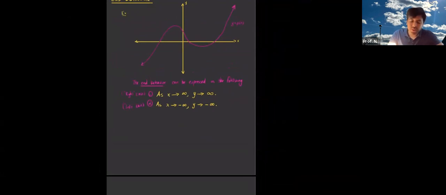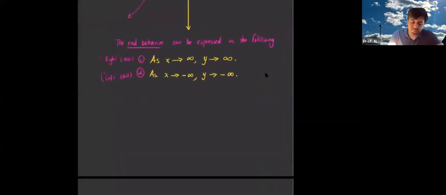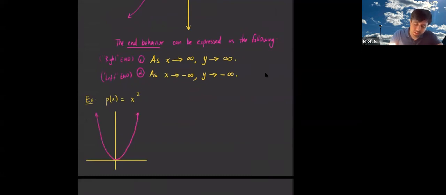So I guess we can start with another example. What if I have the polynomial, let's start with something really small, x squared? We all know what x squared looks like, hopefully. We talked about it last time. It's a quadratic. Can anybody tell me what's the end behavior?